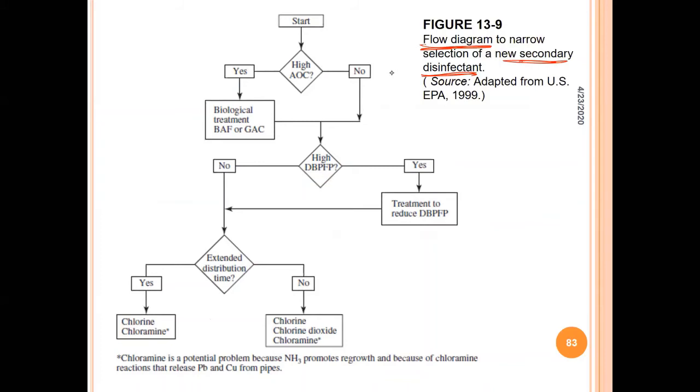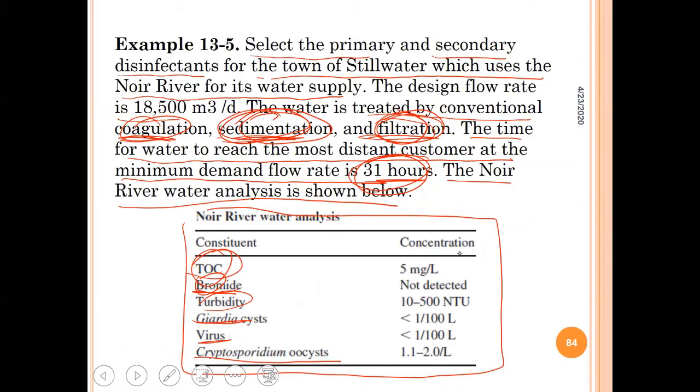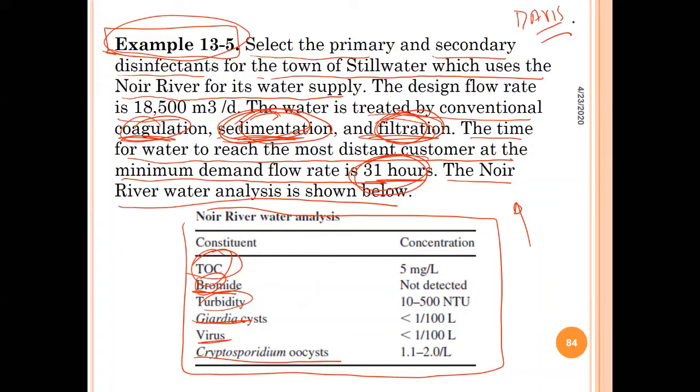So this problem is 13-5. It is in your book. I want you to do it yourself at home and read the relevant section also. This is kind of your homework also, but you have to solve this problem. So 13-5 in Davis, Water and Wastewater Treatment Engineering by Davis.